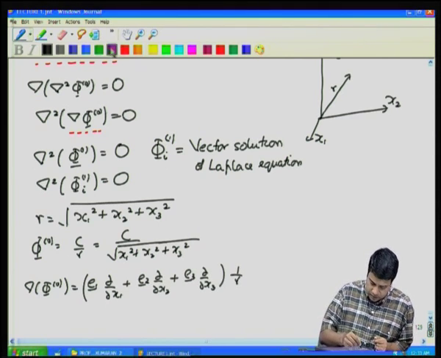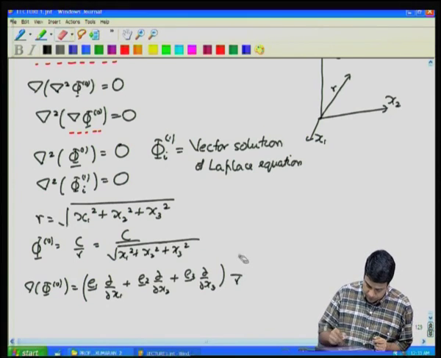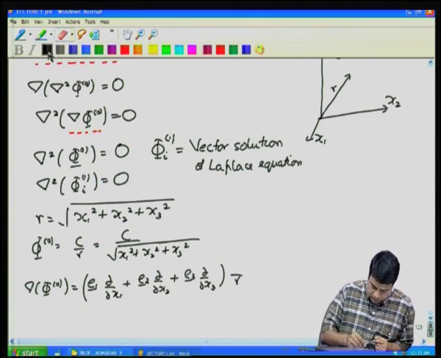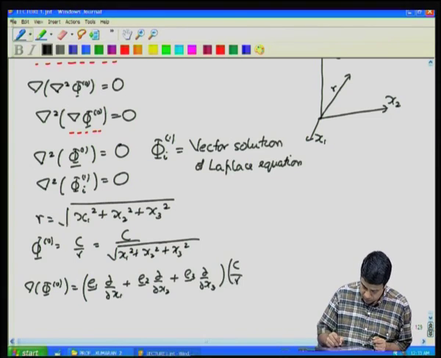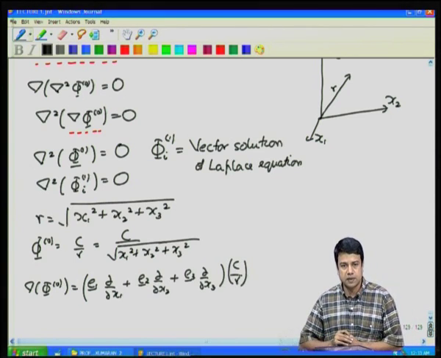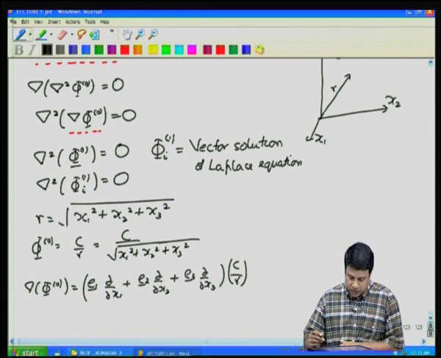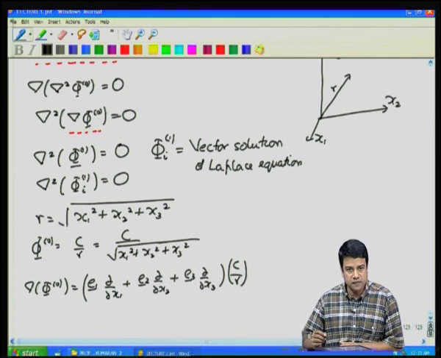It is a constant. So, times the gradient of the fundamental solution. Now, this is pretty easy to do, because I have c constant by r, which is 1 by the square root of x1 square plus x2 square plus x3 square.